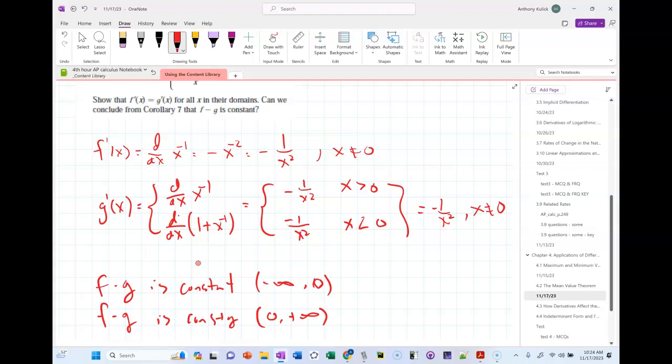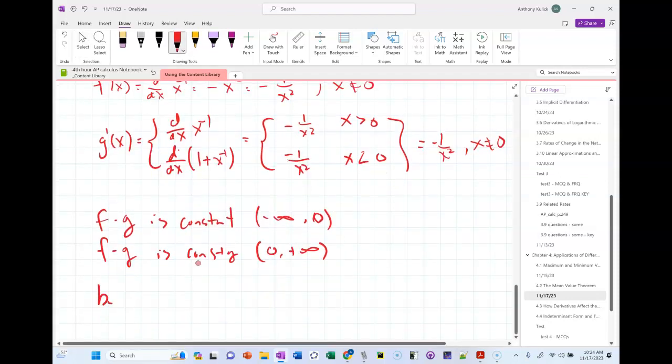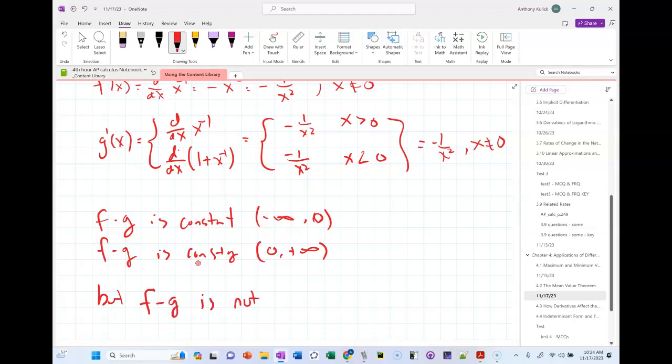But let's see what the answer says. Yeah, so that's exactly what they're saying. So that part's true and that part's true, but f minus g is not constant from negative infinity to 0 union 0 to positive infinity, which is the domain of f and g.